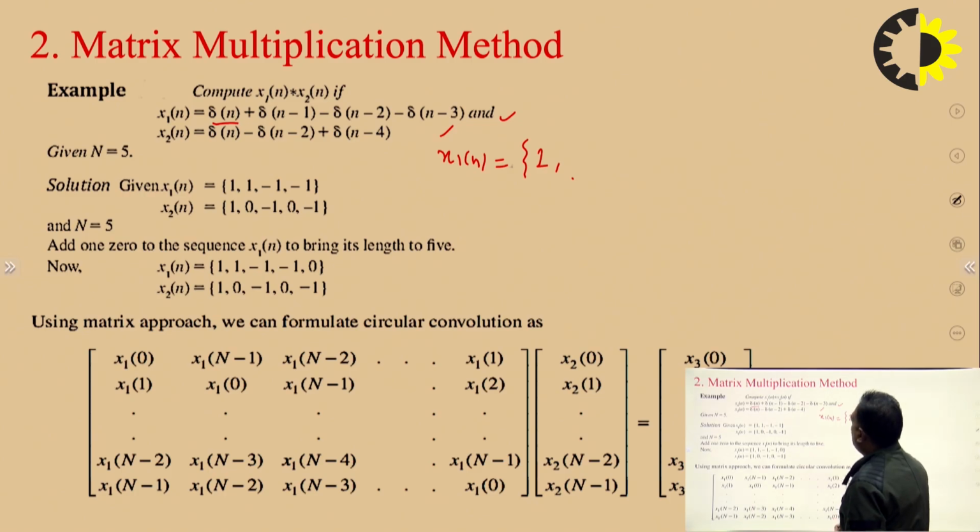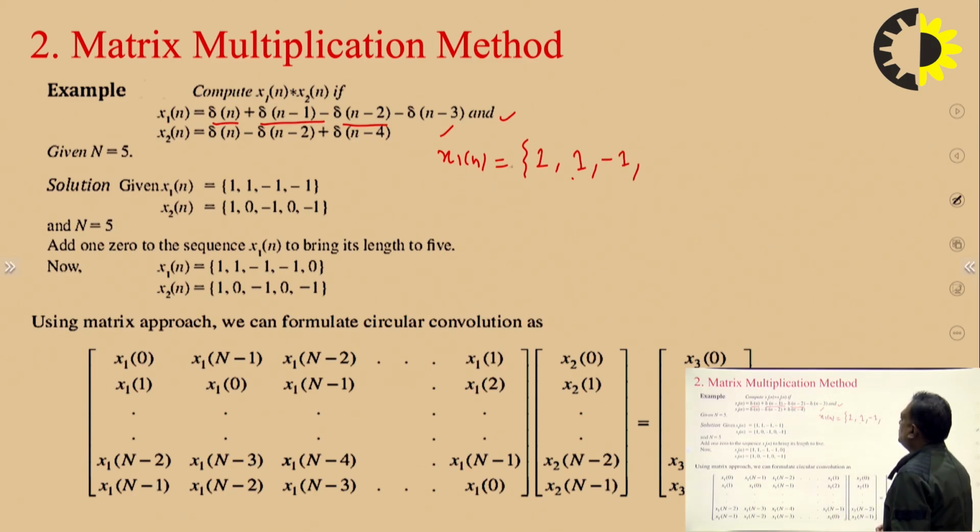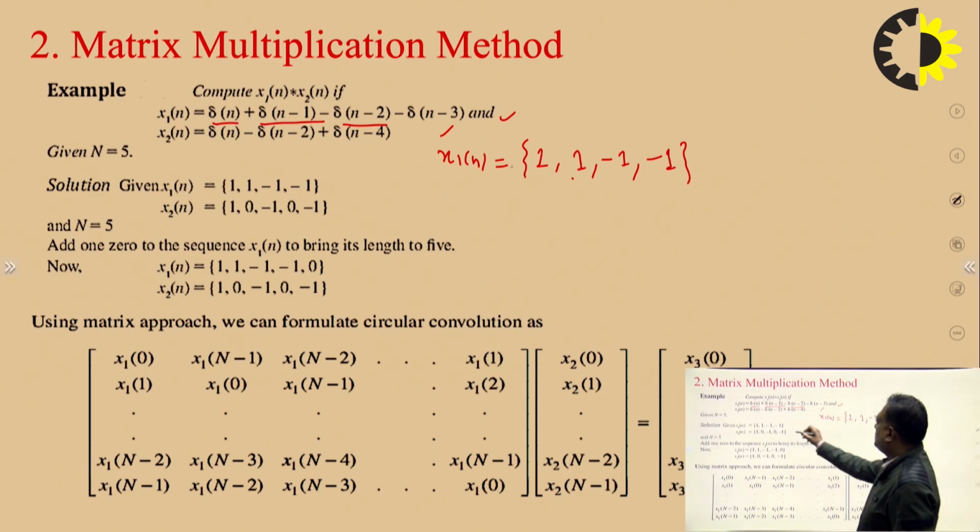Then delta n minus 1 will remain 1 at n equals 1, other values will become 0. Then delta n minus 2 will remain with a minus sign, so it is minus 1. Then delta n minus 3, it means this value corresponding to n equals 3, so you will again get minus 1. So that's why we are getting this sequence.